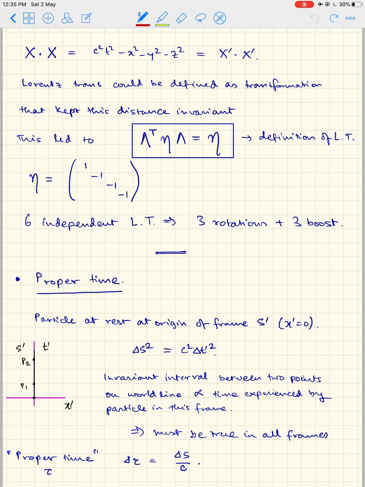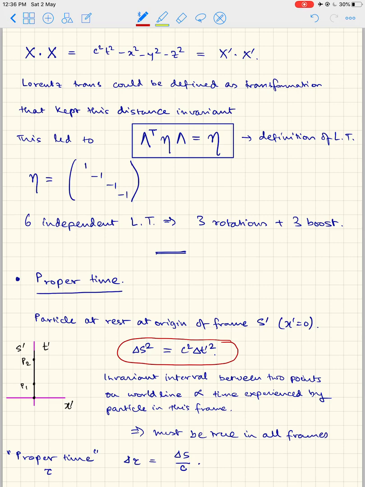So for that we needed something which was an invariant, and in order to do that we defined something called a proper time. So what was proper time? We looked at the rest frame of a particle, and there we saw that the distance between 2 events on the world line of this particle was given by ds squared was c squared dt prime squared.